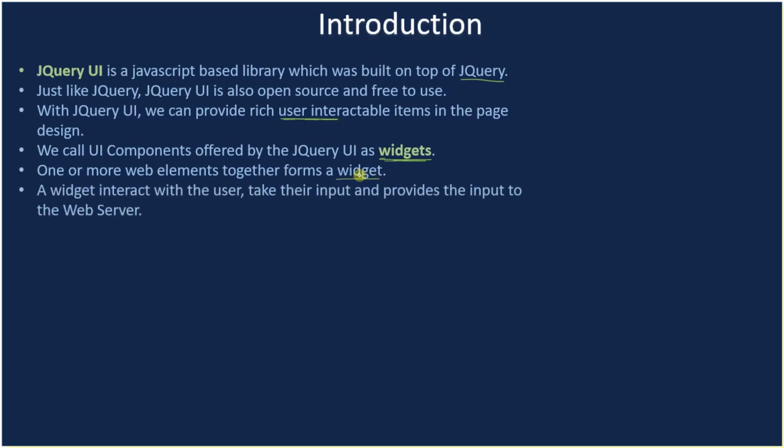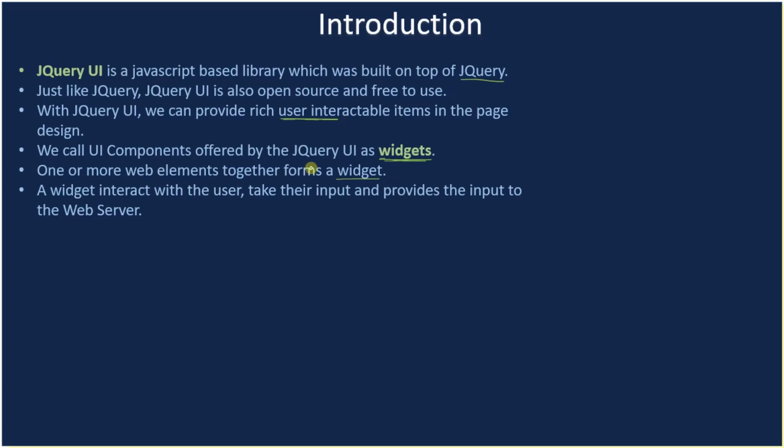A widget interacts with the user, takes their input, and provides the input to the web server. Just like the HTML control, the widget also behaves the same way. So a widget is nothing but a component built using HTML.